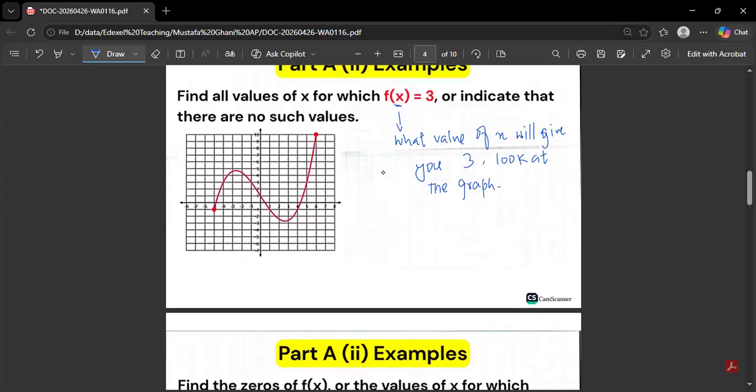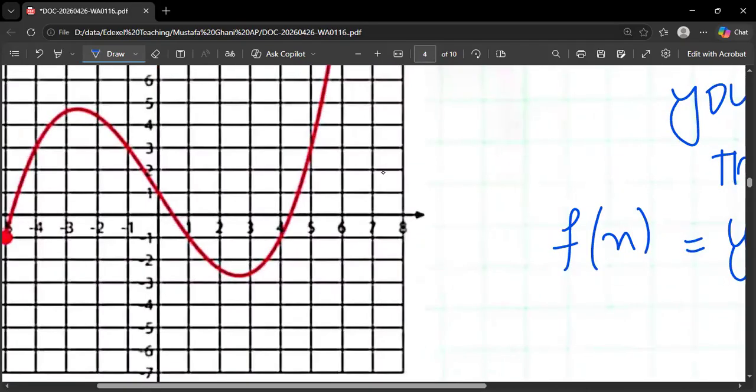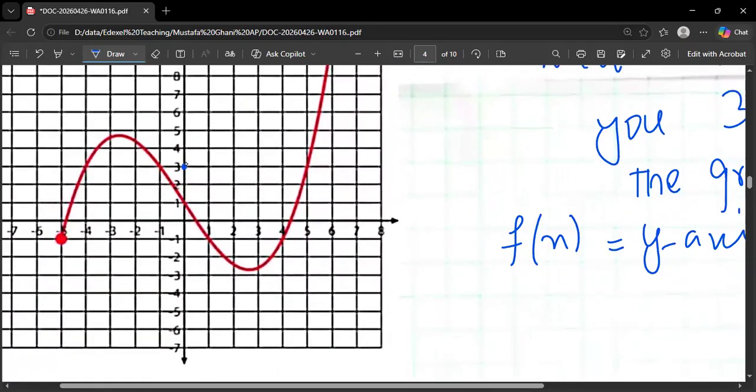The answer is 3, f of x. F of x is also equal to what? Y-axis, right? Yes, y-axis values. So where does the 3 lie? At this point on the y-axis. And if we go right, it goes to negative 1. So are we getting different values? Negative 1 and 5.